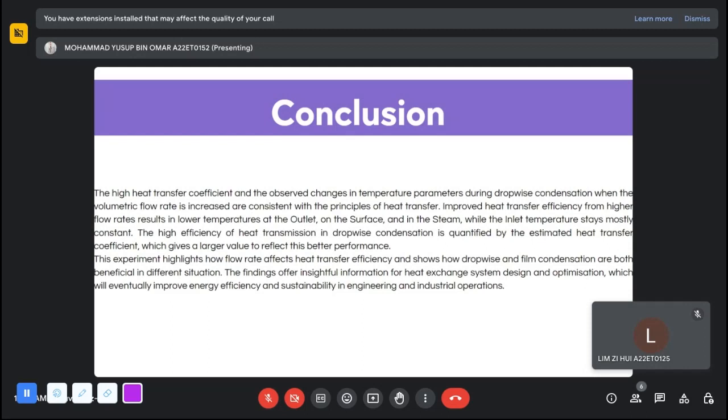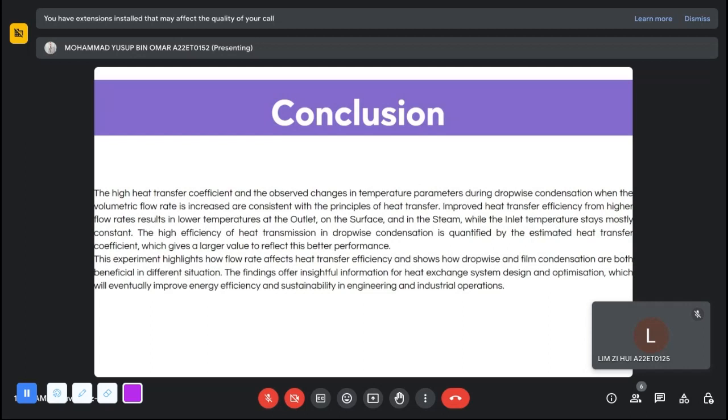Improved heat transfer efficiency from the higher flow rates results in a lower temperature at the outlet, on the surface, and in the steam, while the inlet temperature stays mostly constant. The high efficiency of heat transmission in dropwise condensation is quantified by the estimated heat transfer coefficient, which gives a larger value to reflect this better performance.